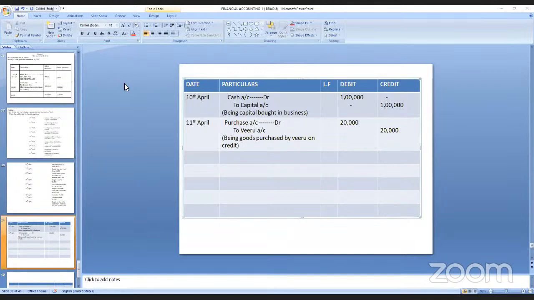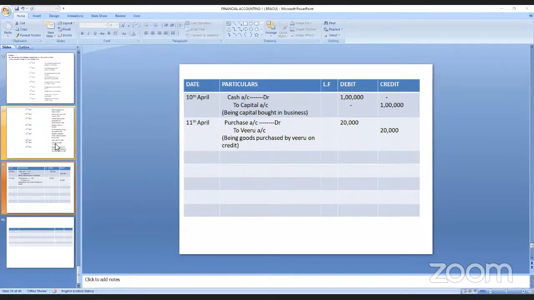If we don't mention credit, then what will happen, ma'am? Nothing will happen. You can write being goods purchased by Viru. Narration is for understanding only. It's clear to everyone? Yes, madam.